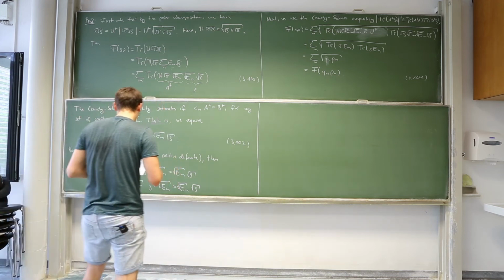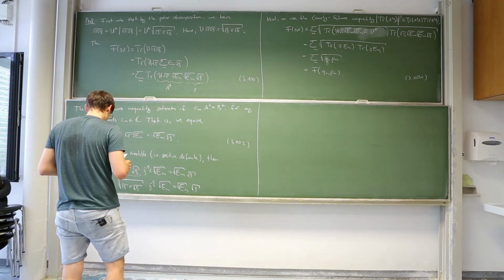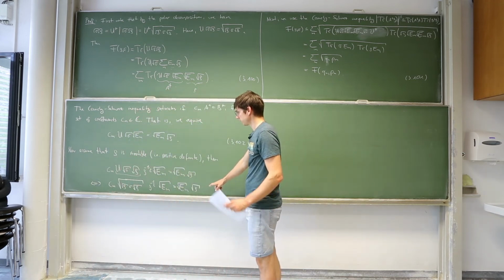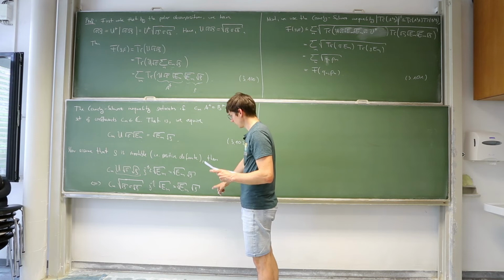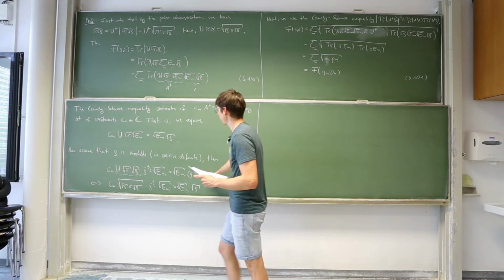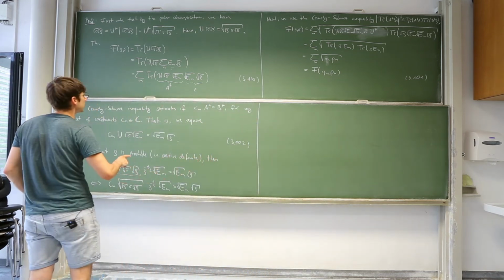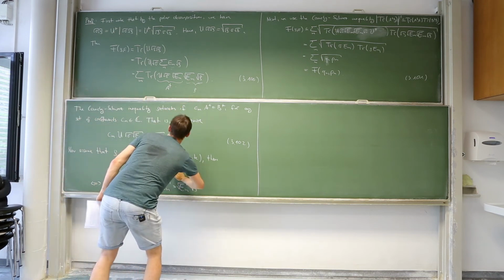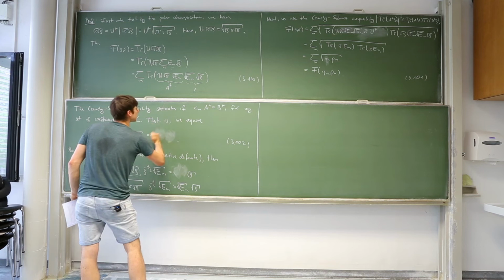And now let's multiply. There's a mistake. I didn't use B dagger. This is B. Then B dagger is different here. Sorry, this must be different.